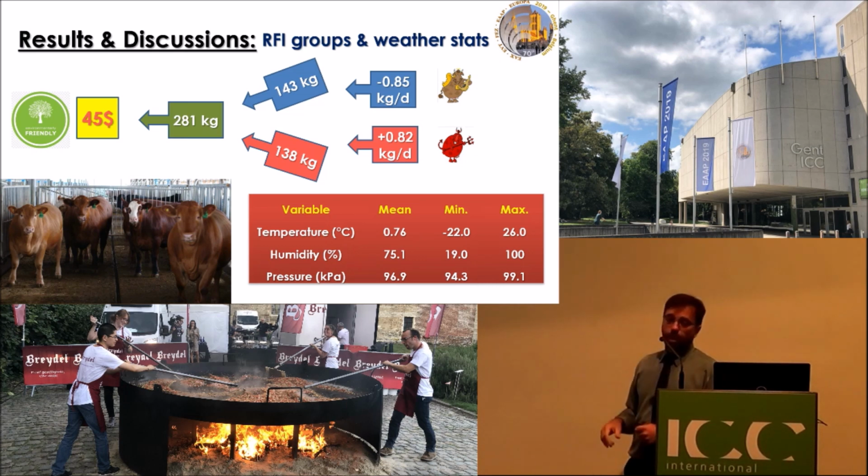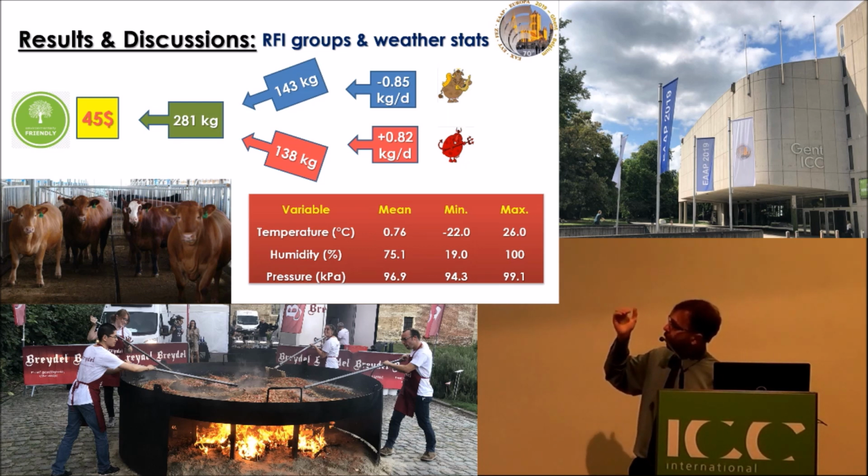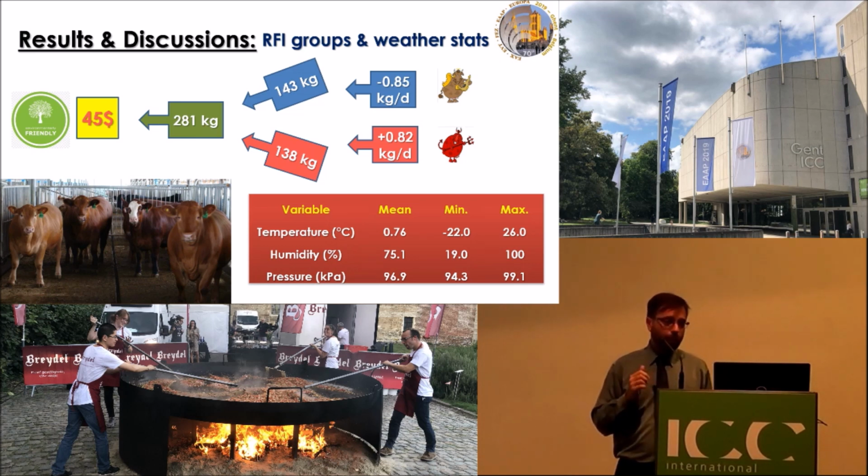So the gap between those animals is about 280 kilos a day for having the same performance, same carcass and all that. And then when you translate that through the feedlot phase, to that period, I got a difference of about $45 just due to feed efficiency, plus a long list of environmental benefits.